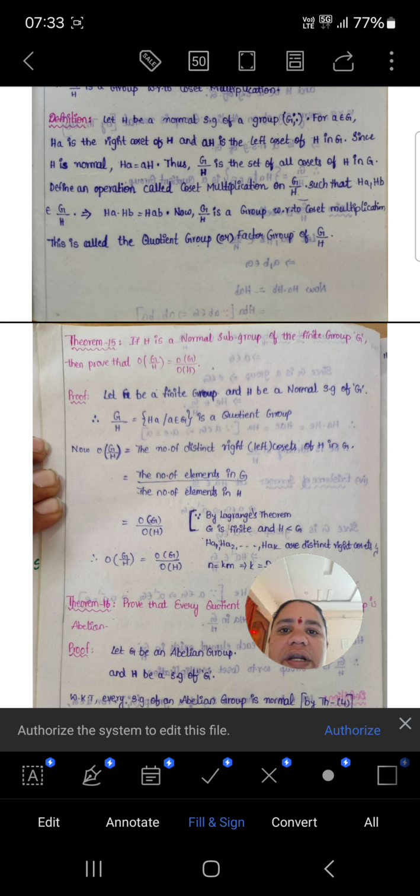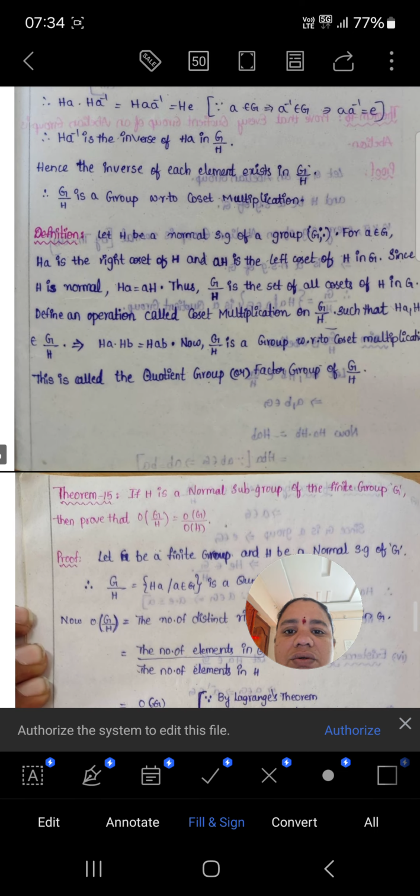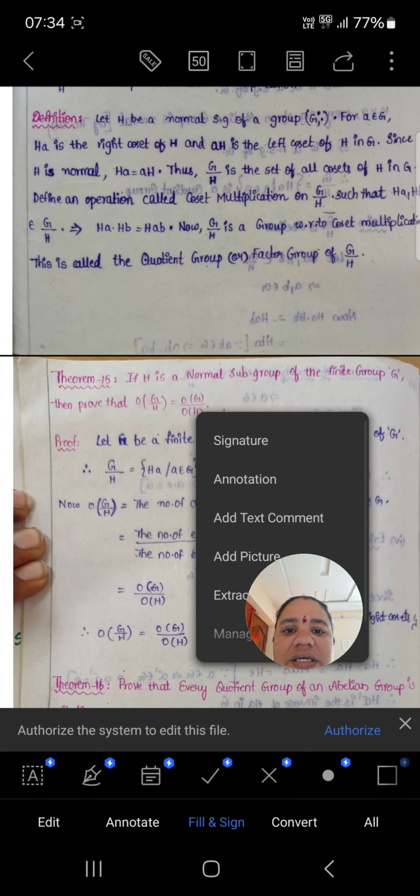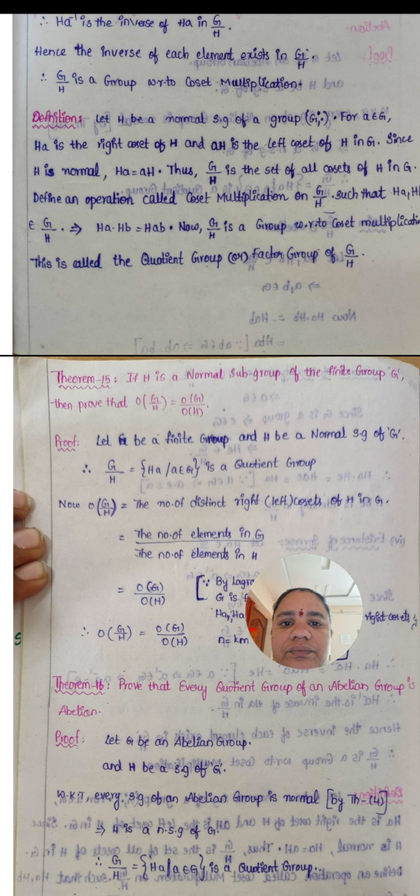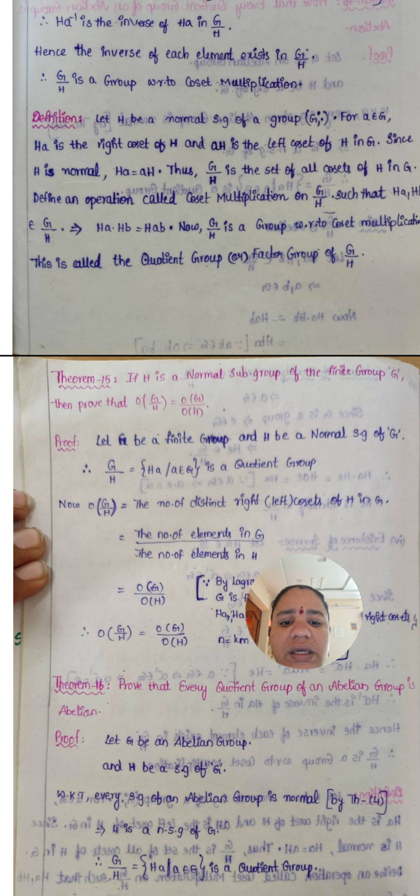After that, a small definition. Let H be a normal subgroup of G, Ha is the right coset of H and aH is the left coset of H in G. Since H is normal, Ha = aH.